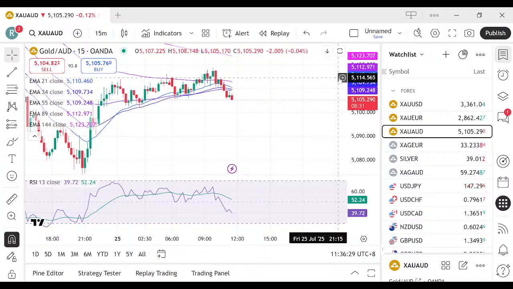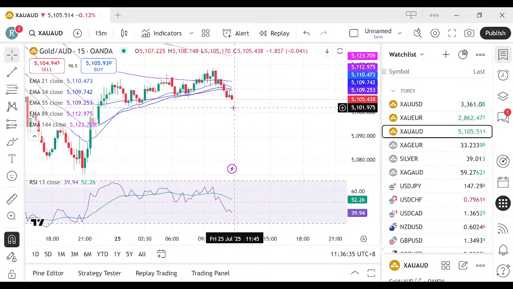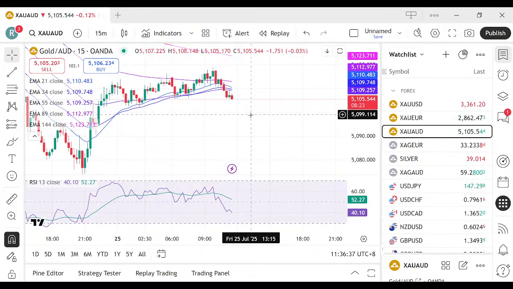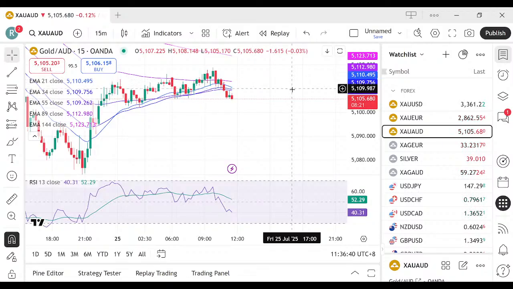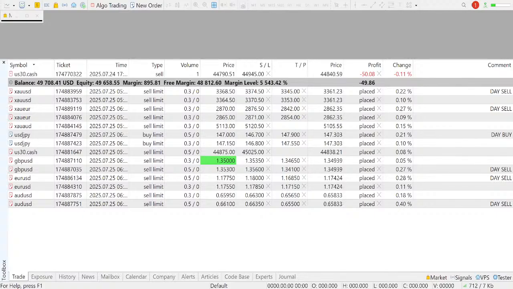Then hourly stop loss, we will try to put at 15 half. Then the entry will go for 10 and 14 half. I think we have all the information needed for the trade: entry, exit, stop loss.